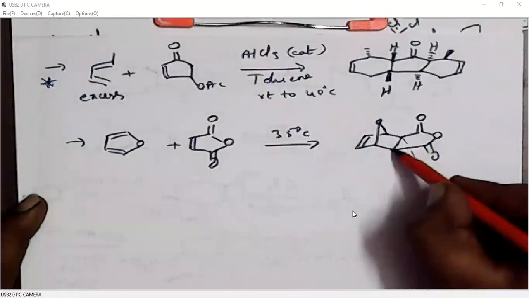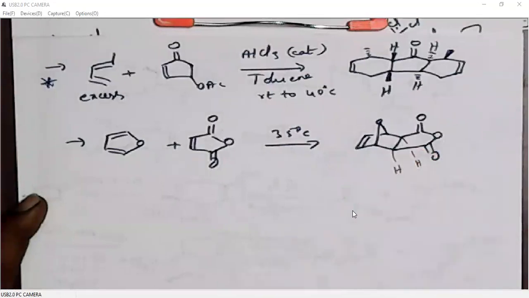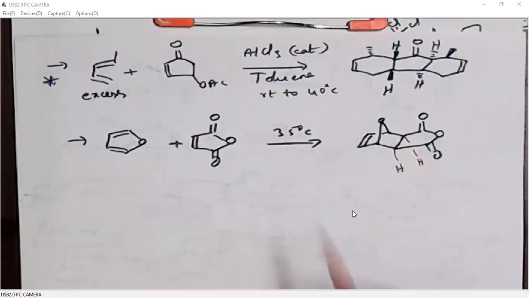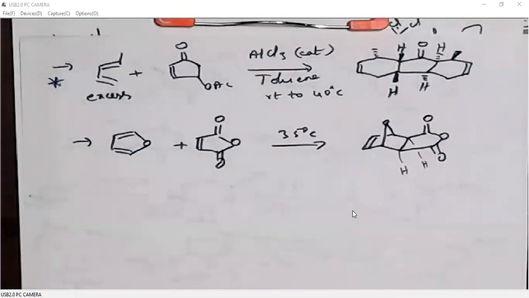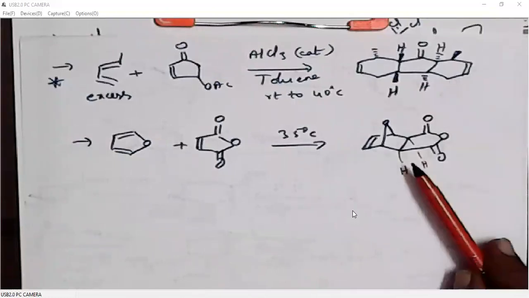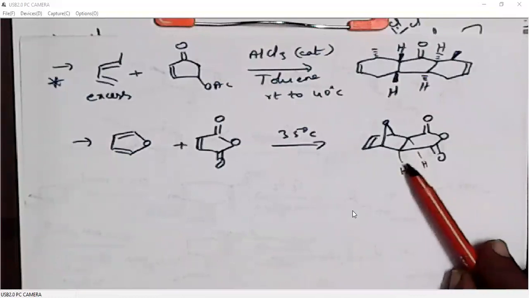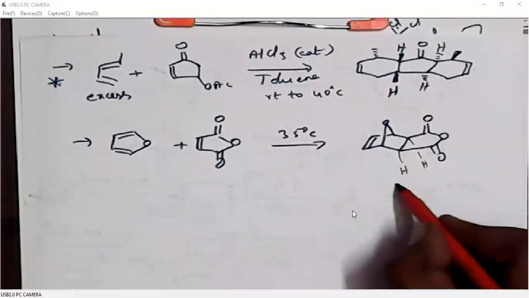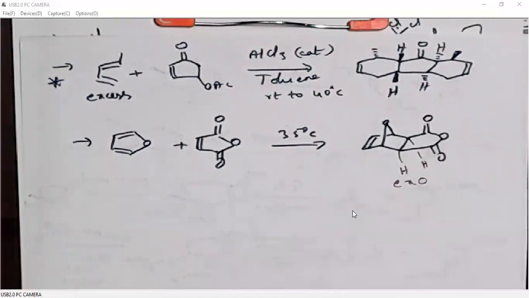If the endo product is stable at room temperature, we will only get the endo product. But if the endo product is not stable at room temperature, then we don't get the endo product, we will get the exo product only. So this is an example.